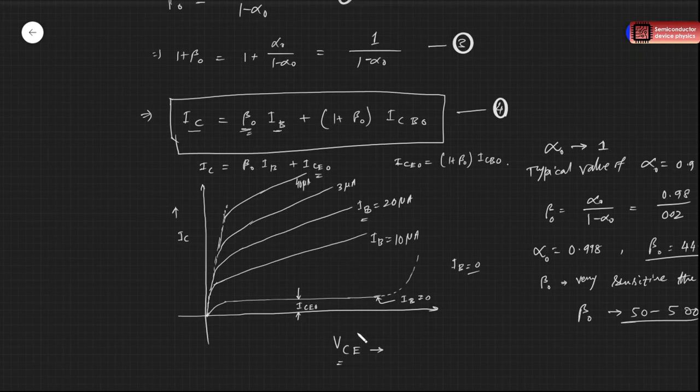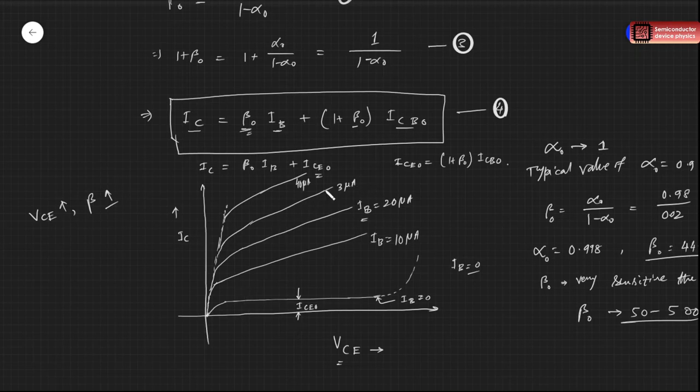As we increase VCE, the beta increases, and then this contribution is increasing, and also the reverse saturation current, because now this ICBO is also multiplied by beta, right? So overall the collector current increases much more rapidly, right?